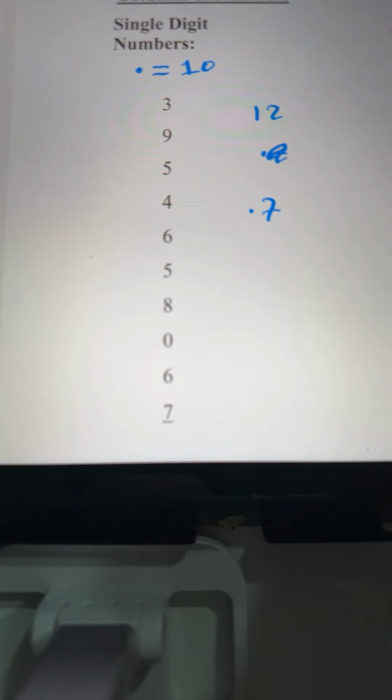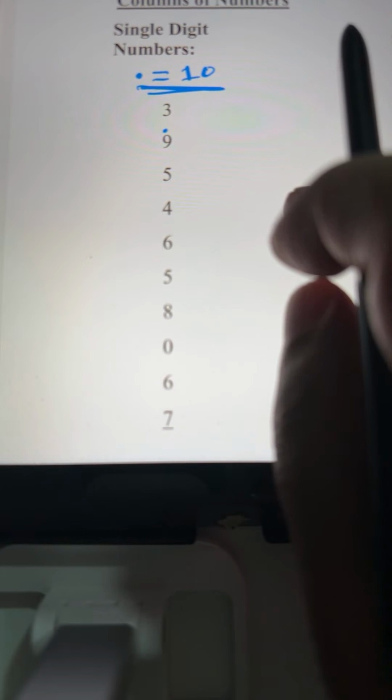If it is 17, I will say dot 7 and so on. So don't confuse it with 0.7, just for this session. So be with me. 3 plus 9 is 12, but I will say dot 2, and we put that dot here.